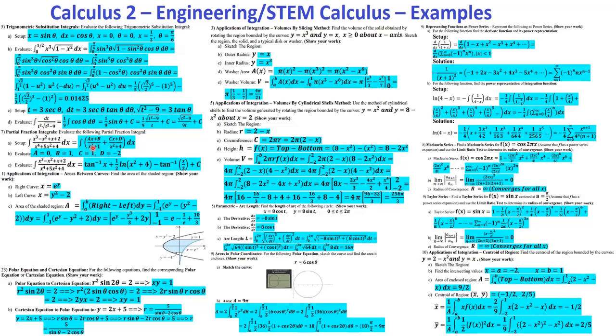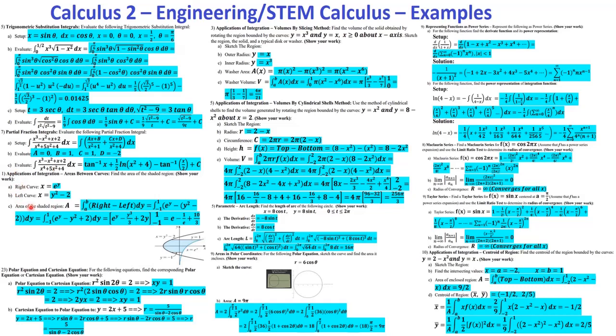Then this can be written as partial fractions: ax plus b over x squared plus 1, plus cx plus d over x squared plus 4. Then you integrate this, you find the values of a, b, c, and d. The integral of this is tan inverse of x plus half ln x squared plus 4 minus tan inverse of x plus c.